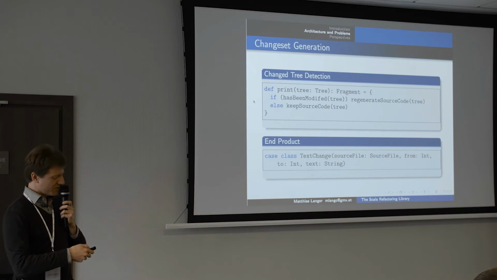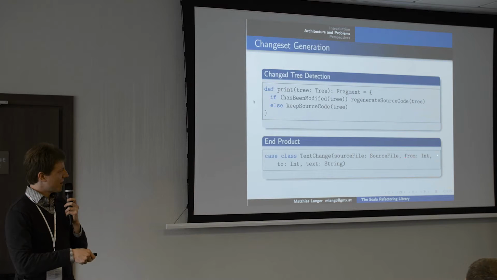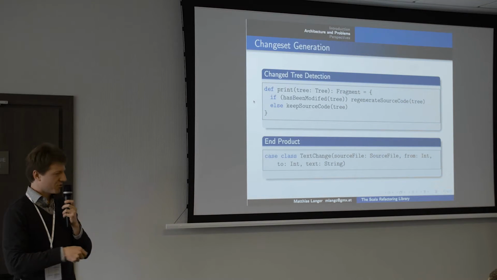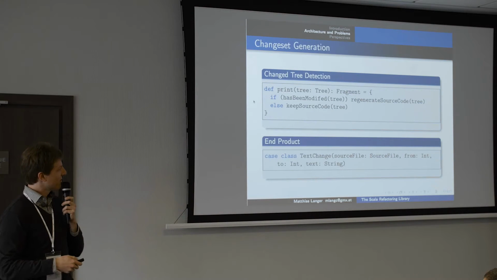The end product we are after, which later IDEs can consume to perform the refactoring for the user, is a list of text changes, where a text change is simply a source file with a range in that file and some text that should be inserted there to replace the old text that was there before.